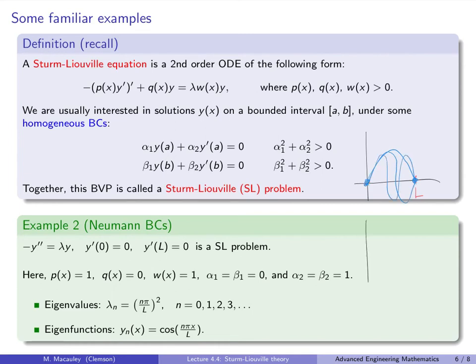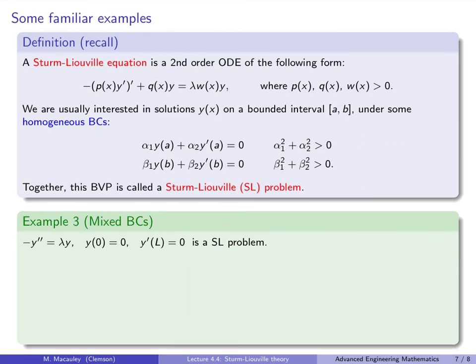In example 2, we had cosines. The only restriction we had now is that they were flat at the boundaries rather than going through certain points. So things like a cosine wave worked, cosine of 2 pi x over L, cosine of 3 pi x over L, etc. And then the constant function worked as well because it was clearly flat at the endpoints.